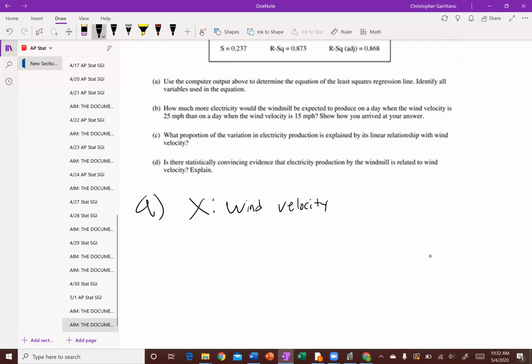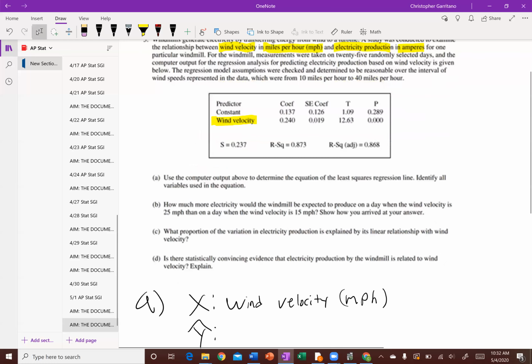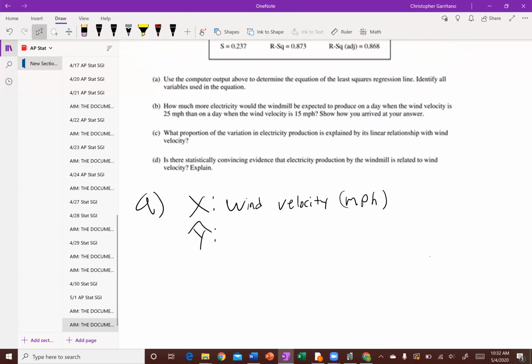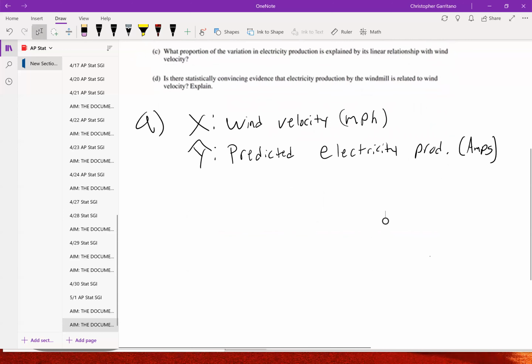And since we're trying to create a model that predicts electricity production, I'm going to define y hat as the predicted electricity production in amperes.